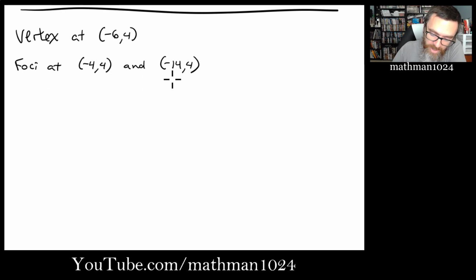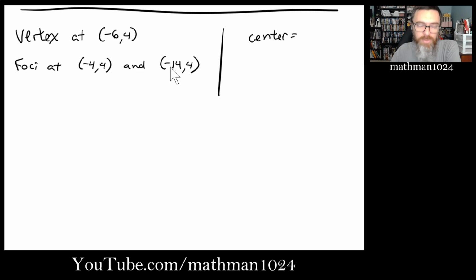So if these are my foci, the midpoint will be my center. So the average of negative 4 and negative 14, so we add that, that's negative 18, divided by 2, you get negative 9, and the y is 4. The vertex is at negative 6, 4, so that's going to help us out with some other stuff.